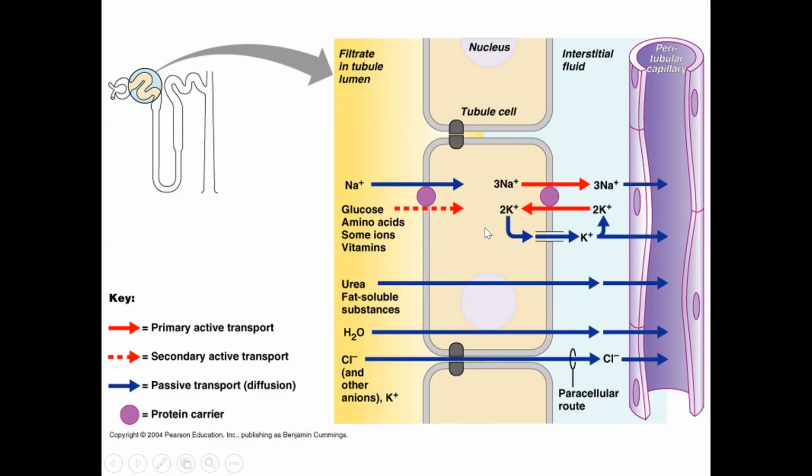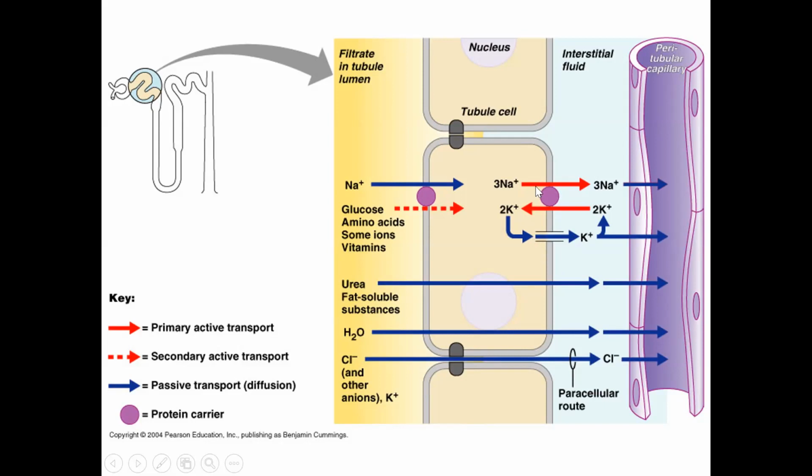But you want to balance that. You don't want to build up too much potassium in here. So this balance can be done by using these leaky channels. There are potassium leaky channels on the basal membrane. So potassium can continue to leak out as long as there's a potassium concentration gradient across this basal membrane.